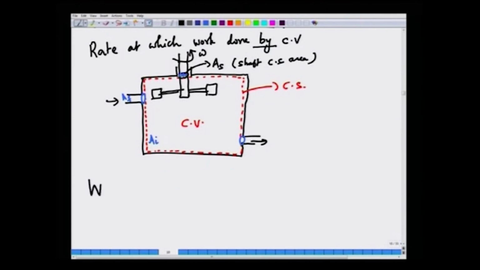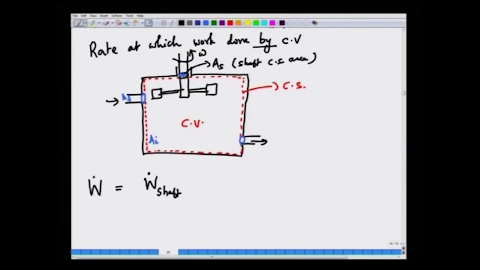So, the rate at which work is done is due to various reasons, first the shaft work. Whenever you have a shaft that is rotating, and the CV is cutting across the shaft, there is a stress on the solid surface and there is therefore a force, and since the shaft is also rotating, that means that there is a force that acts with a velocity, and therefore, there is work done because of this rotation of the shaft.